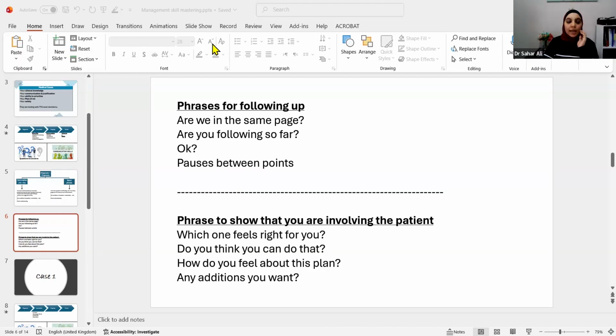All right. So, any other question, doctors, before we start the practice? Everything was clear? Did you get an idea about the holistic approach regarding the management? What should you think while you are formulating the management plan?